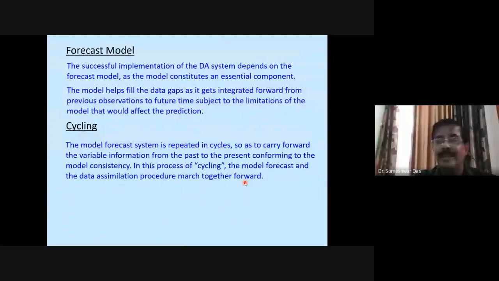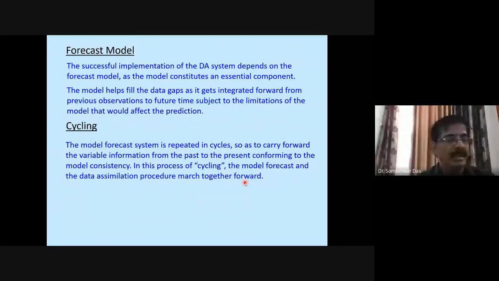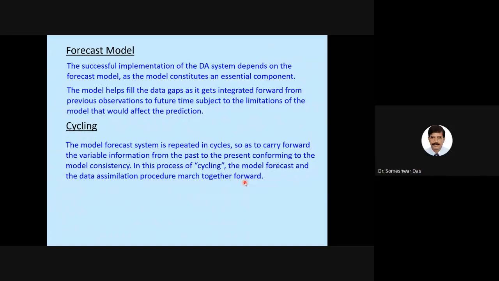I don't know if anybody has seen the supercomputer at IITM Pune or at NCMRWF. Any one of you? If you get a chance to see the supercomputer at IITM Pune, you will see a big, massive hall, and that hall is full of big racks or boxes.